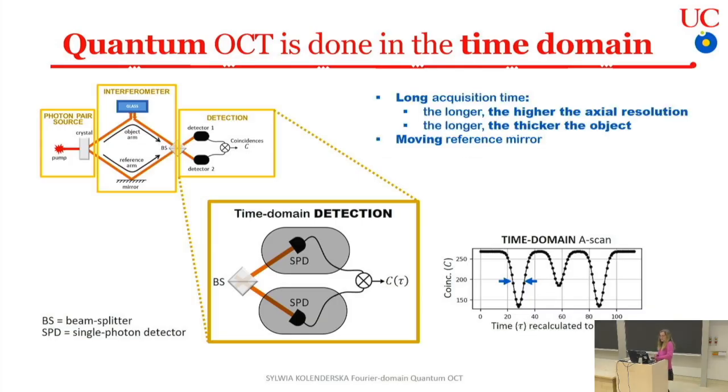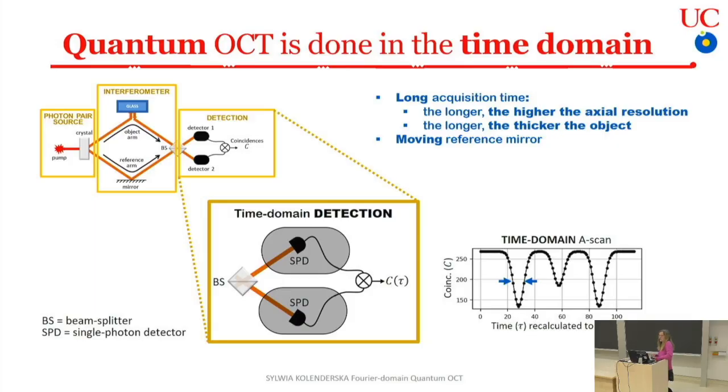The main issue with the time domain approach is that the acquisition times are quite long, and that time scales with the axial resolution. This is because if the axial resolution is better, then you need more data points to sample that dip.